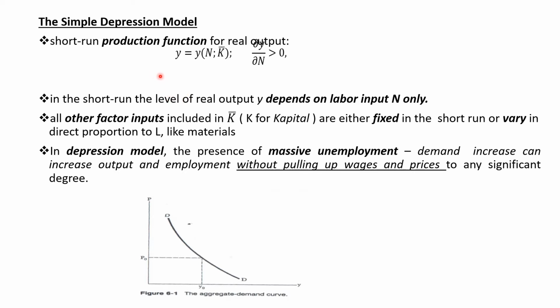This situation is represented by the supply curve at P0, which is a horizontal supply curve. Production of the resulting equilibrium output Y0 gives employment to N0 persons in figure 6.2. You can see in the next slide.